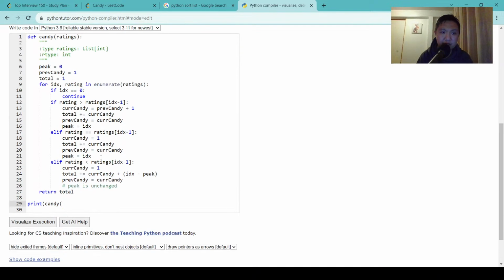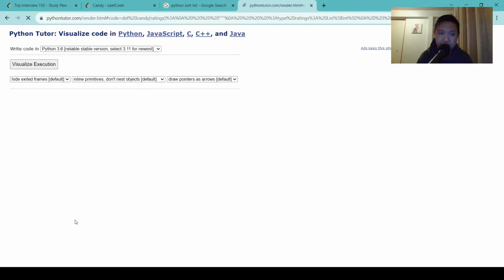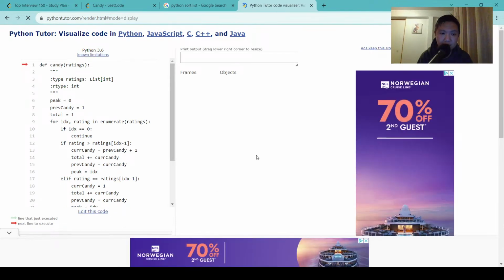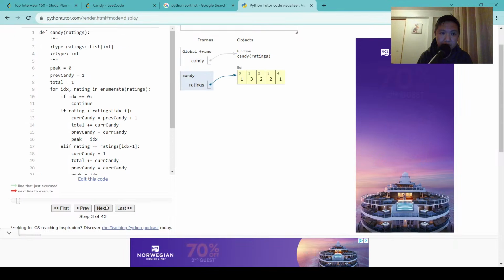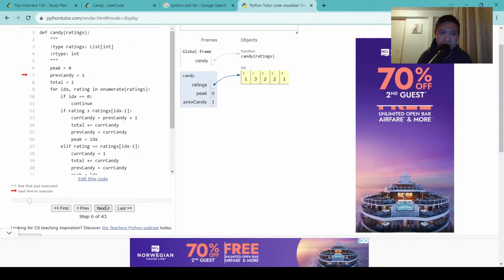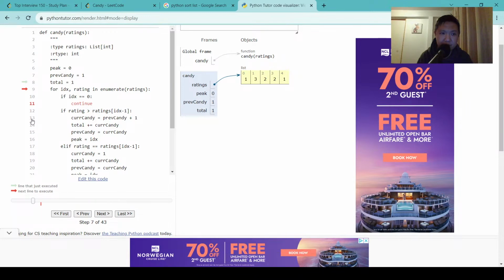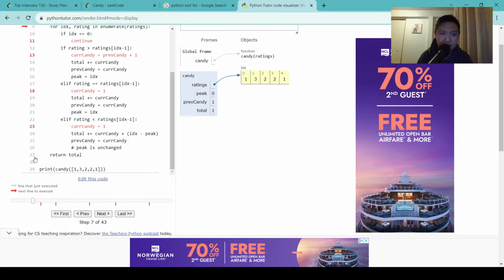It just takes a rating, right? And visualize execution. Let's see what we get. Okay, so we ran it. Let's just put breakpoints here, here, here, and here. So let's go to this one.